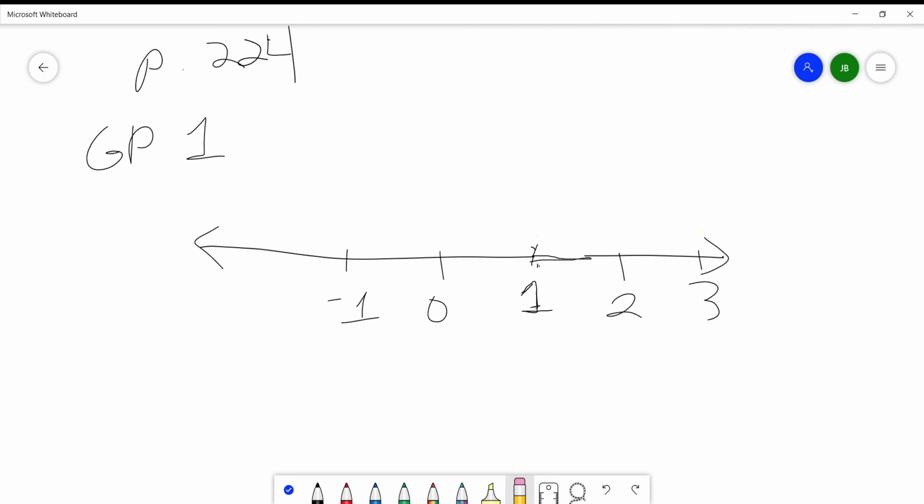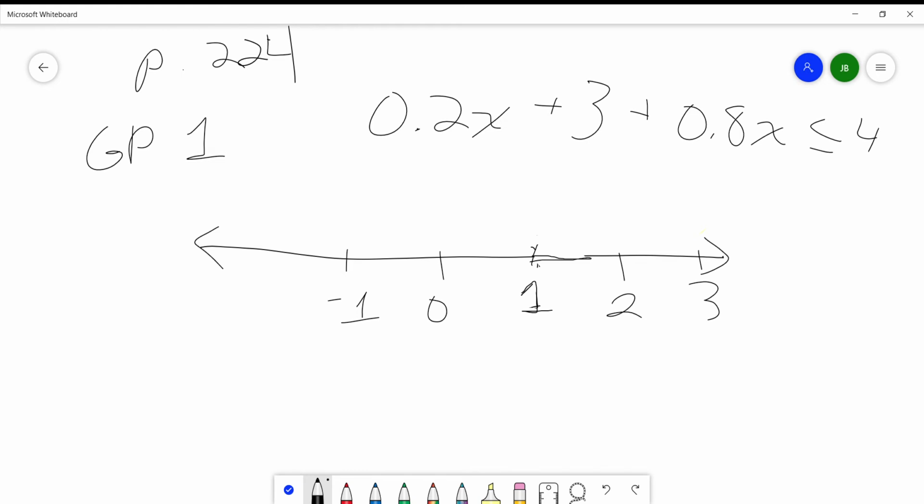What they give us is 0.2x plus 3 plus 0.8x is less than or equal to 4. Sloppy, sloppy, I know.